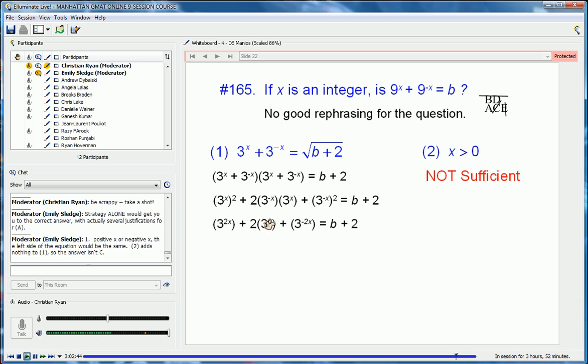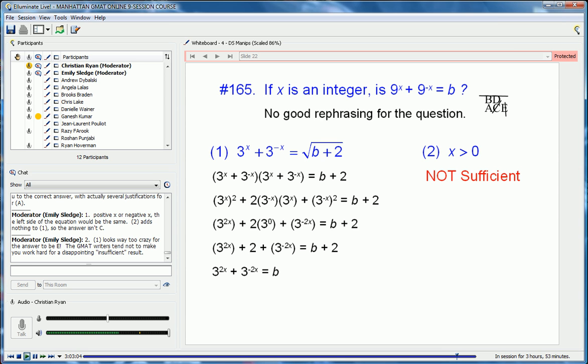Negative x plus x gives me 0 here, and 3 to the 0 equals 1. So I get 3 to the 2x plus 2 in the middle there. And then I can subtract off the 2. And then I can pull the 2 inside and say that's 3 squared to the x, which is 9 to the x. And that's 3 squared to the minus x, or 9 to the minus x.